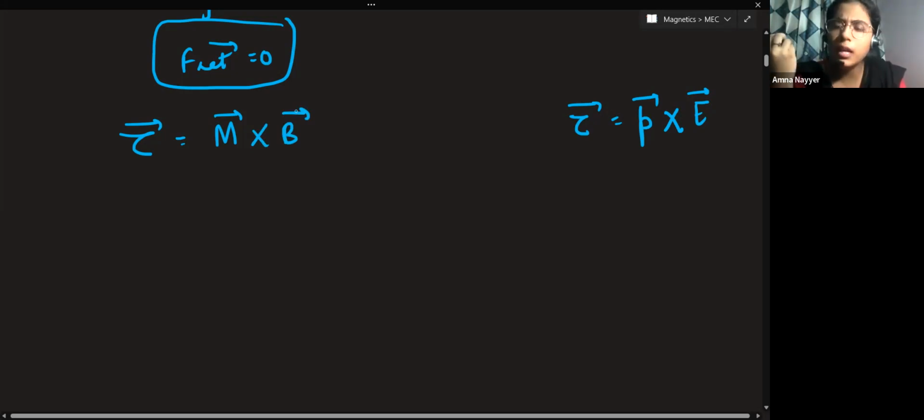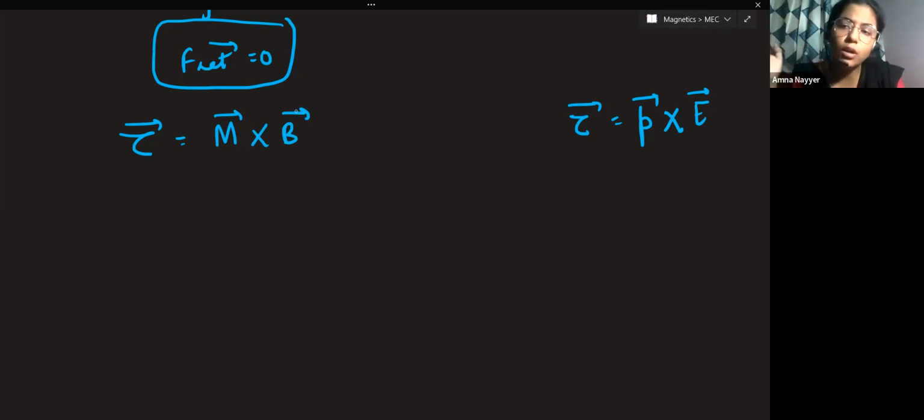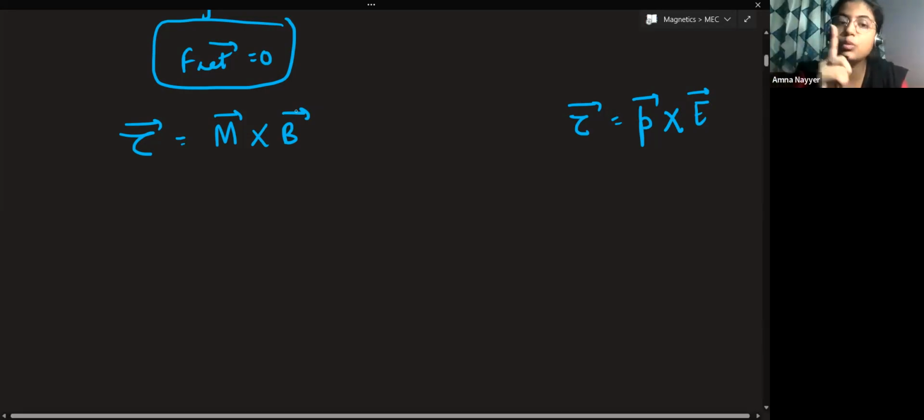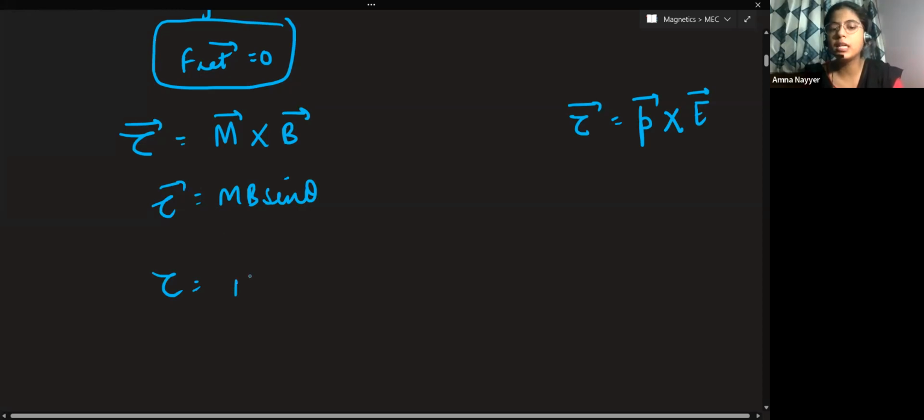So the formula you can remember: it was P cross E for electrostatics, and for magnetism you have M cross B. And you can open this and write it as MB sine theta also. Otherwise, M, the magnetic dipole moment, as rightly answered by Sarah, is NIA, so torque is NIAB sine theta.